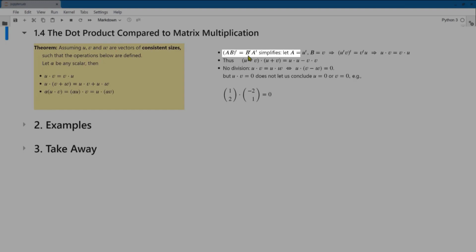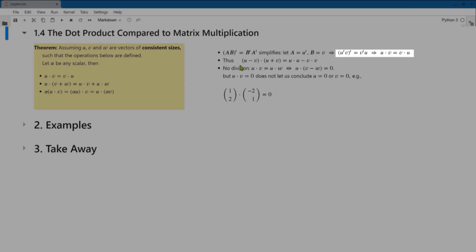If U and V are column vectors, I take A to be a row vector, so A would be U transpose, and B a column vector V. Then AB is just U transpose V, and U transpose V is the dot product of U and V. So when I plug that into the formula (AB) transpose equals B transpose A transpose, I get that (U transpose V) transpose turns out to be the transpose of the individual vectors with the order interchanged, so V transpose U, and V transpose U is V dot U. So what we've written down is that U dot V is equal to V dot U.